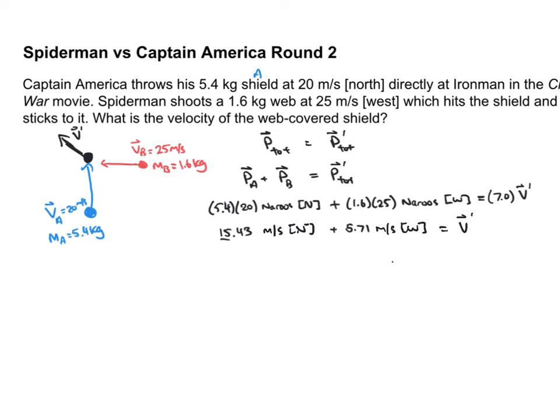Well, the magnitude of it, at least. Well, no, both. To figure it out, I need to draw a triangle with 15.43 north, followed by 5.71 west. And my resultant is going to be my answer. So I'm going to find the magnitude and the angle.